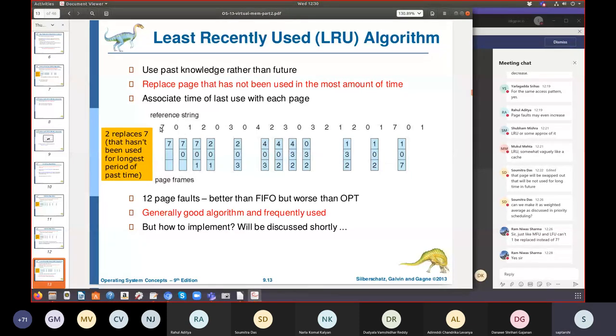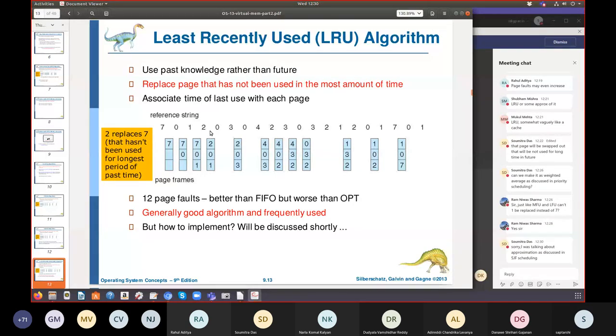Therefore 2 will replace 7. Then 0 is already in memory. Then 3 comes, and again one page has to be replaced. It should replace 1 now because 1 has not been used recently, whereas 2 and 0 have been used after 1. So now you see we are replacing that page which has not been used for the most amount of time.